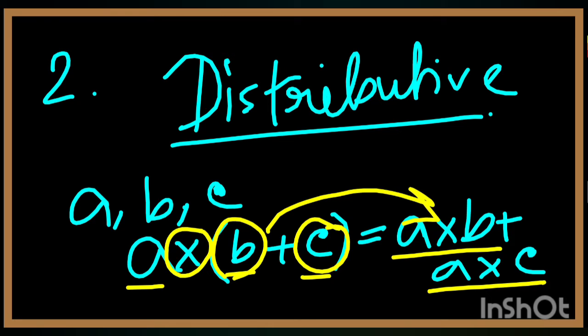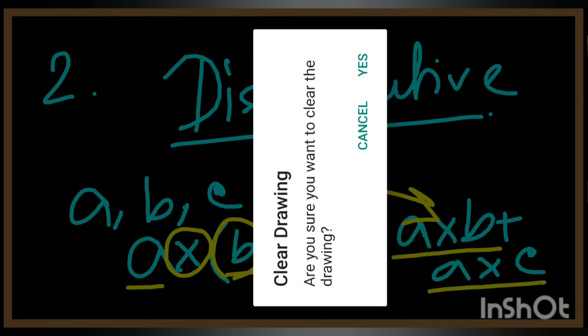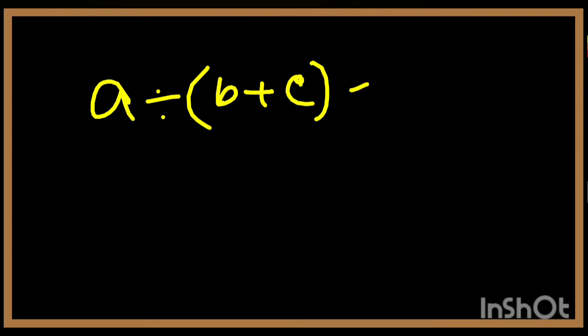But in case of division it is not done in this way. Let's take an example. Suppose A, B, C are three whole numbers or three integers.